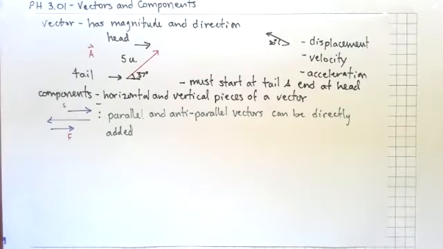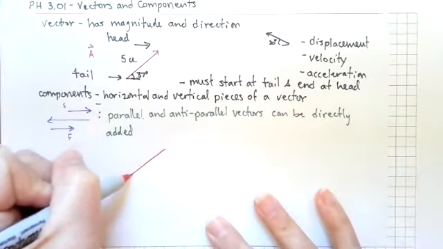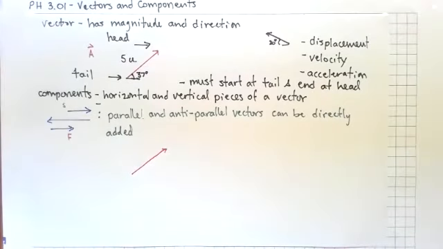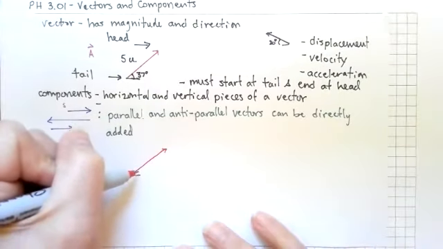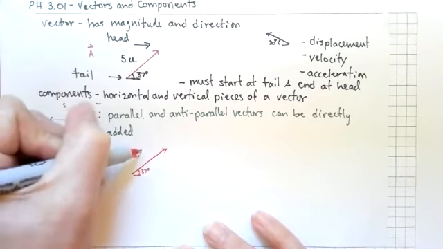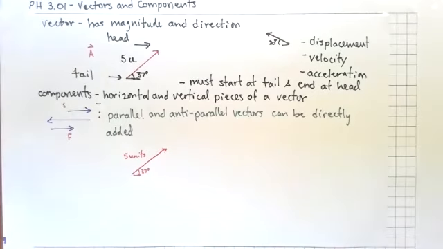So I'm going to bring this vector down to give myself some more space. I'm going to try to redraw it the best I can. It's 5 units long, 37 degrees.